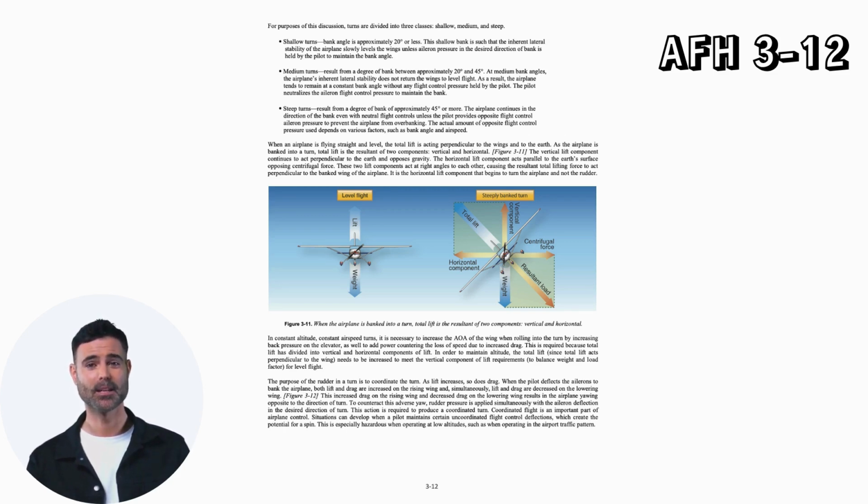Coordinated flight is an important part of airplane control. Situations can develop when a pilot maintains certain uncoordinated flight control deflections, which create the potential for a spin. This is especially hazardous when operating at low altitudes, such as when operating in the airport traffic pattern.